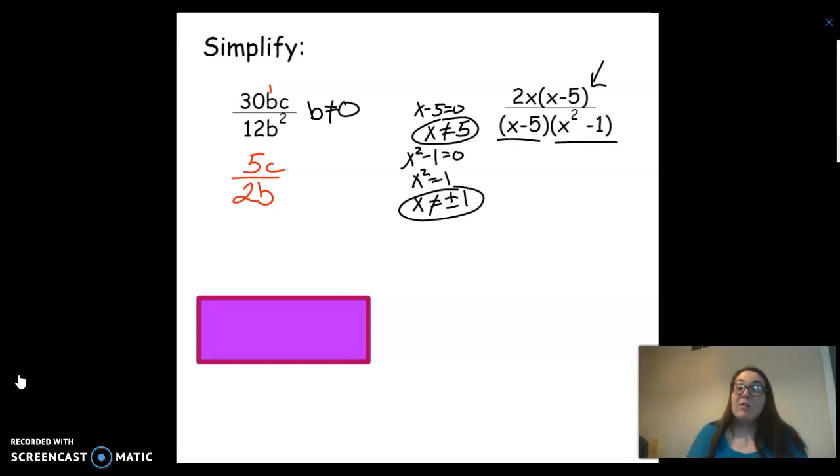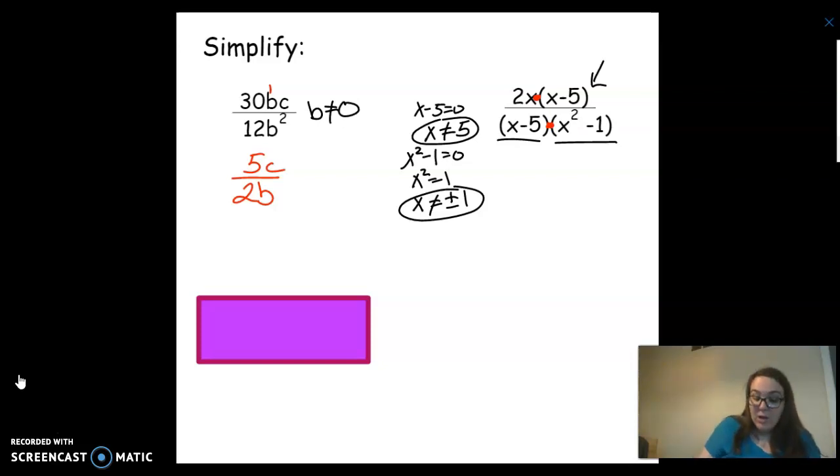Now, remember I said on the first page that it has to be written as multiplication in order to eliminate it, or make it so that a term that's the same on the numerator and the denominator equals 1. This right here is multiplication. 2x times that x minus 5 is multiplication. x minus 5 times that x squared minus 1 is multiplication.